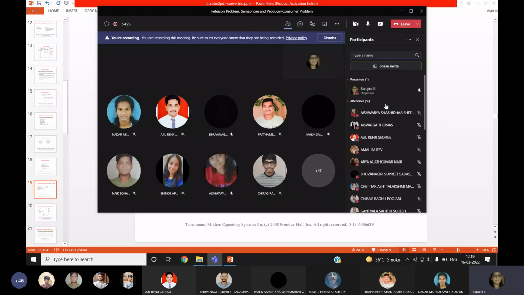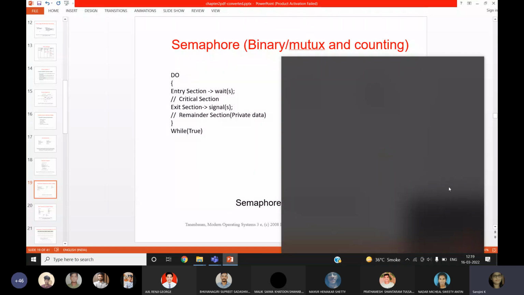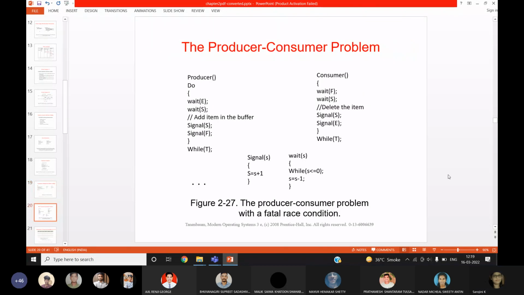There is an algorithm executed by all the processes. But here there is a buffer. Buffer is a memory. The next algorithm is called the producer-consumer problem. After binary and counting semaphore, we are going to see the producer-consumer problem.